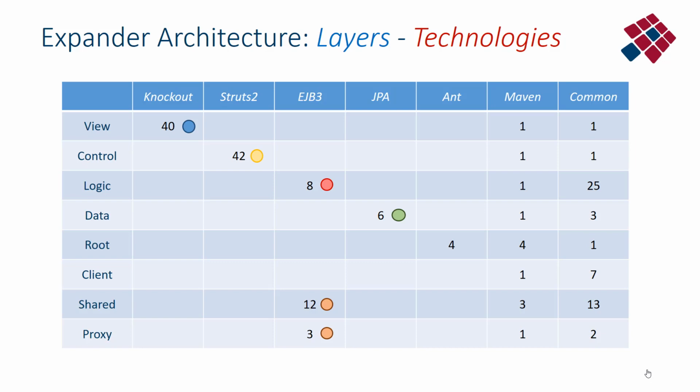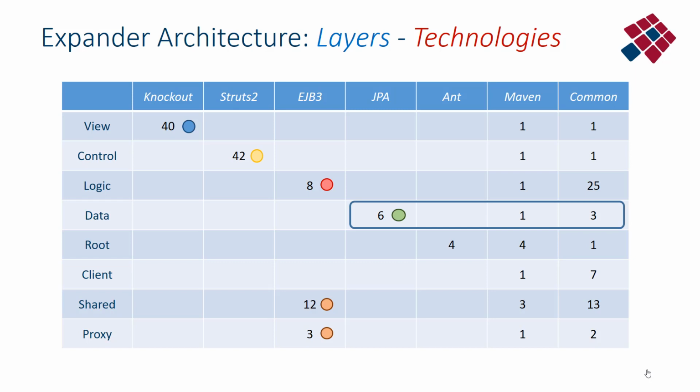And we have talked about the common layer and also the Maven technology, the common technology and Maven technology appearing in all the layers. Now let's zoom in on the various expanders.